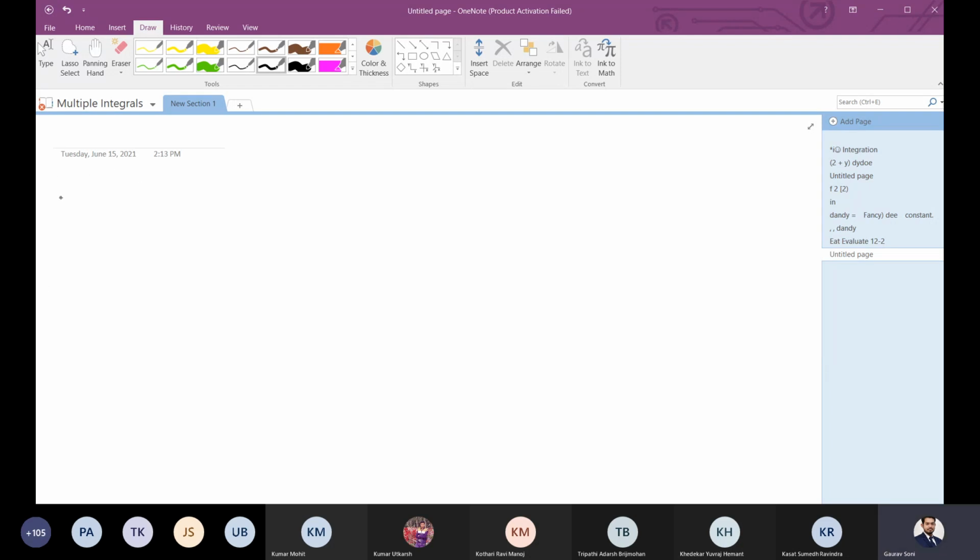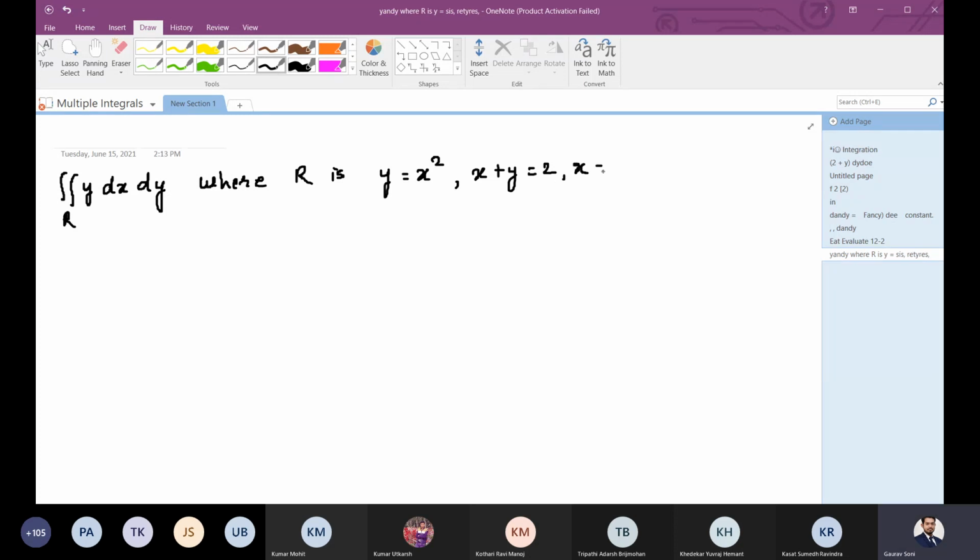So the example is the double integral over R of xy dx dy, where R is y equal to x square, x plus y is equal to 2, x equal to 0 in the first quadrant.